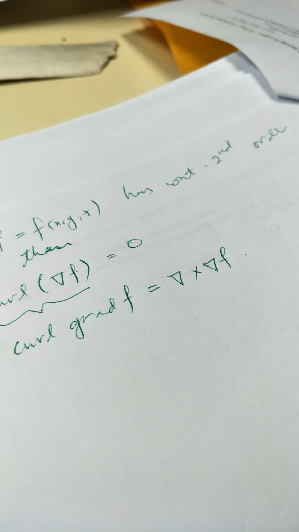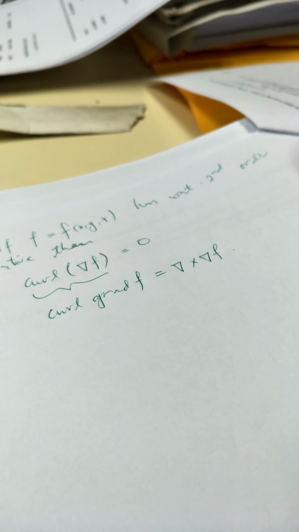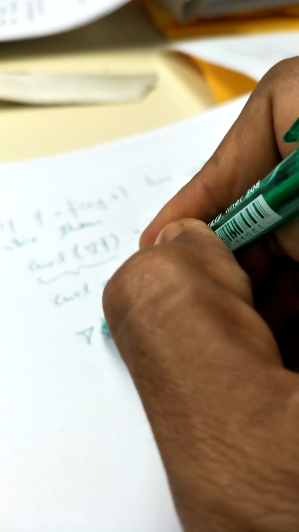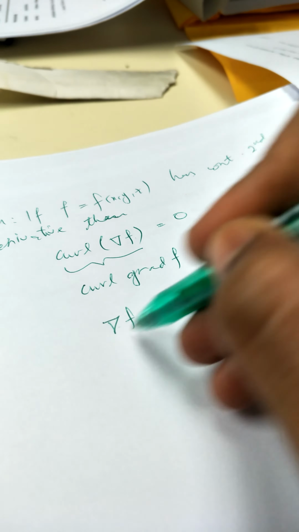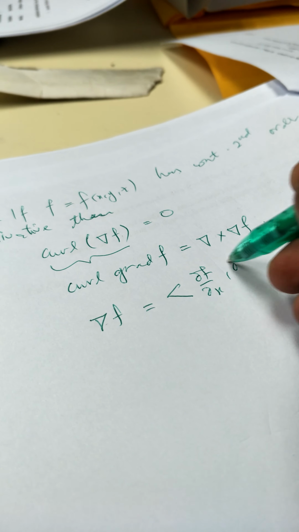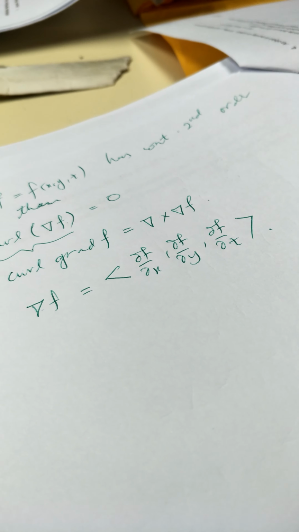It's not difficult for you to show this, because the gradient of f is a vector: del f del x, del f del y, del f del z. So don't get confused.